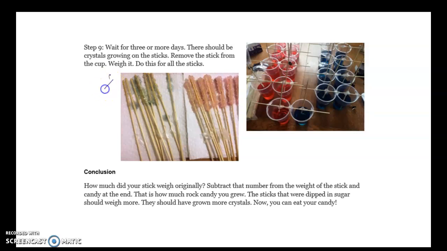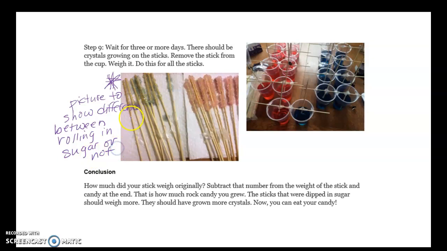So I'm going to put a little star right here and write picture to show difference between rolling in sugar or not. I even like that whoever did this experiment did some in blue and then some in red to see the difference. Also, they chose different colors, and I think that was important.